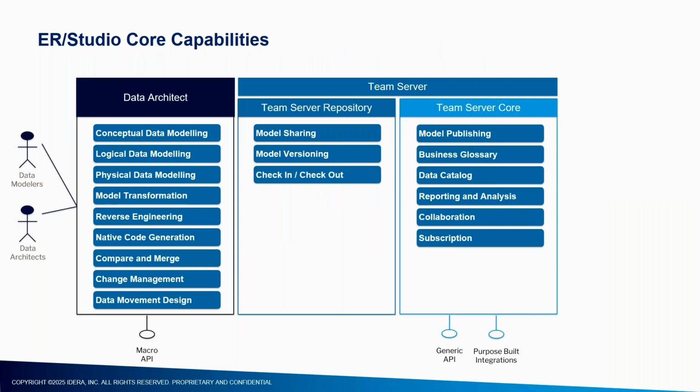And then the final part on the right hand side here is what we call EOS Studio Team Server Core. This enables you to take the information that's part of the EOS Studio repository and publish it to a web-based interface. So anyone with browser-based access can come in, view the information, search for items, and so on.